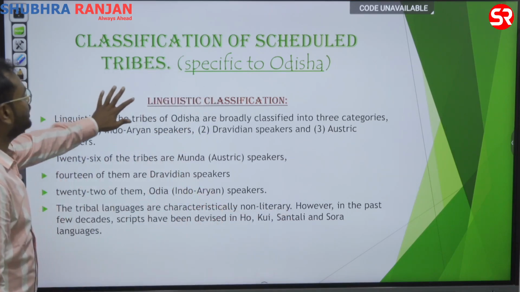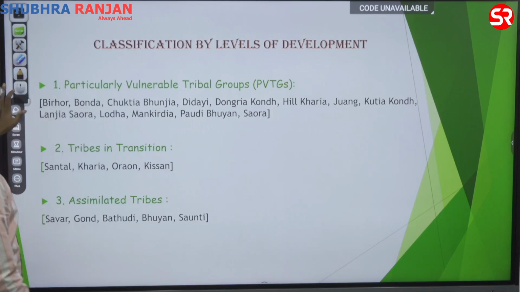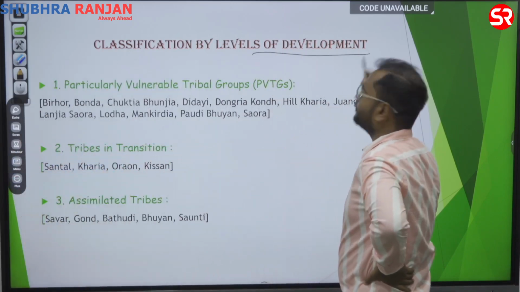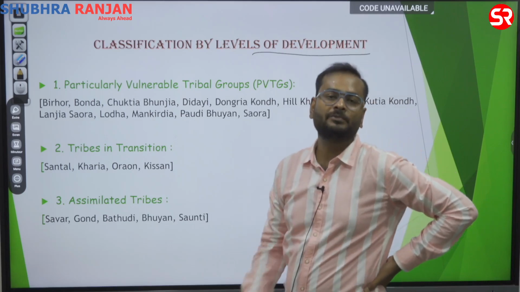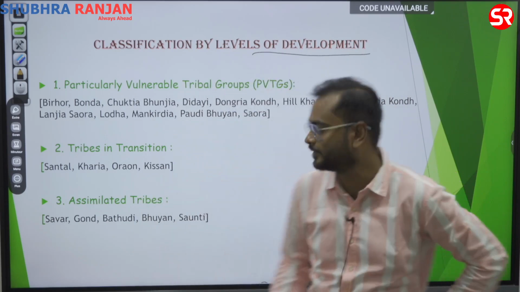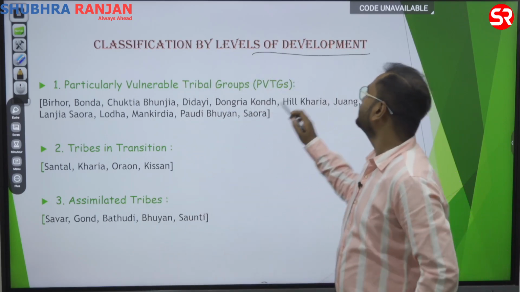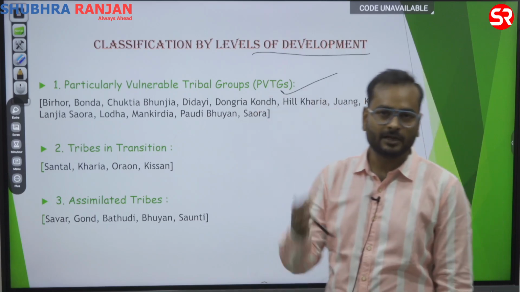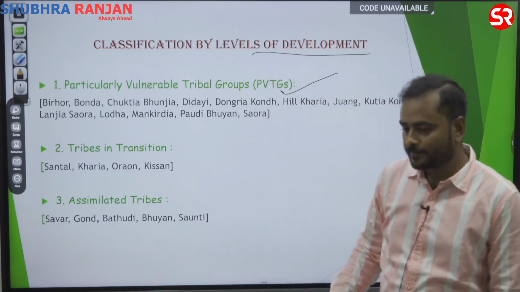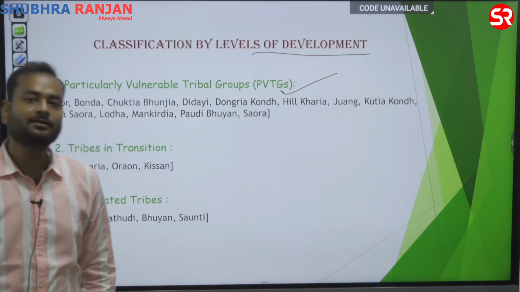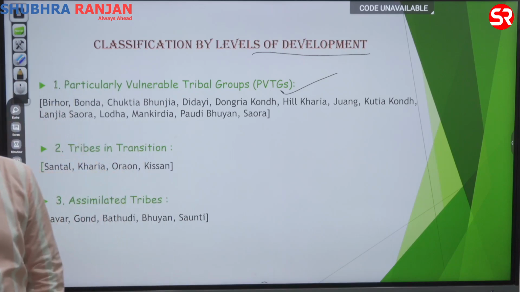Let us look at the second type of classification. The second classification is on the level of development. Development means development in terms of what? In terms of modernization, isn't it? So the first classification would be PVTGs, isn't it? There are four criteria by which we can address a certain tribe to be PVTGs or not.